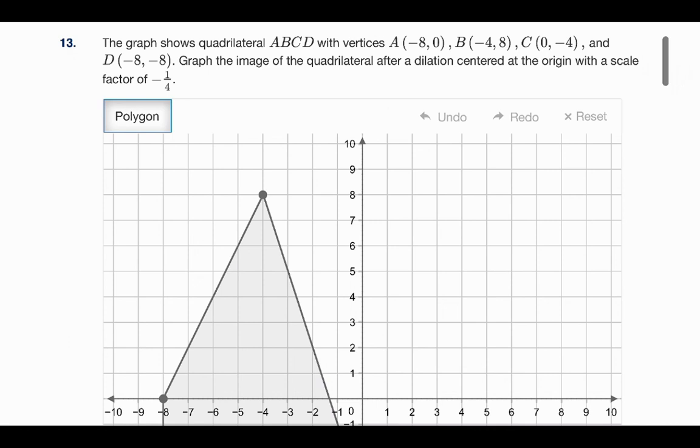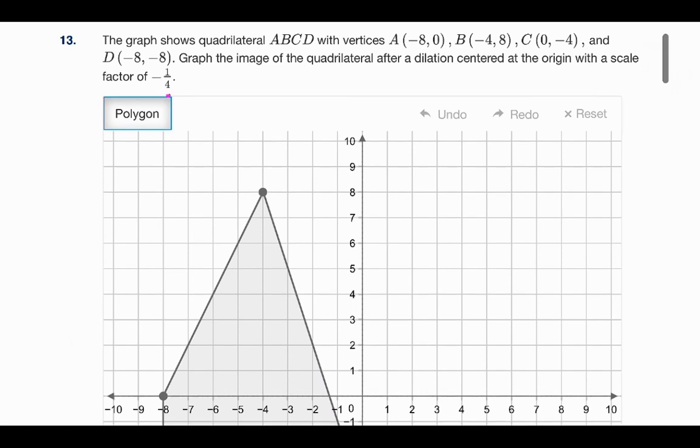And on this one we need a scale factor of negative 1/4. If you still put this all in, ladies and gentlemen, it will do everything you need to know. First of all, since k is less than 1, we know it's going to make it smaller. And in this case, that negative means it's going to be a rotation. So it's going to actually do all of that for us.